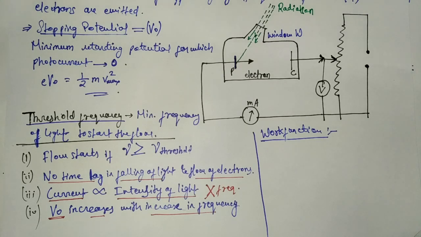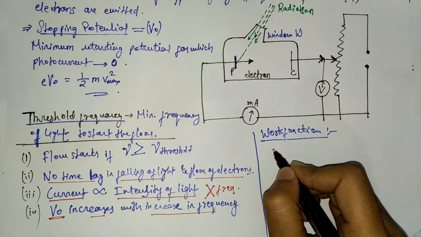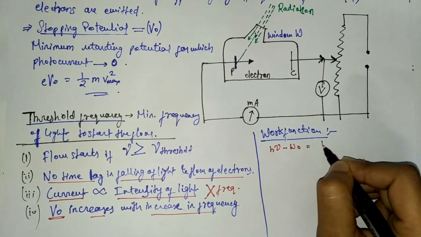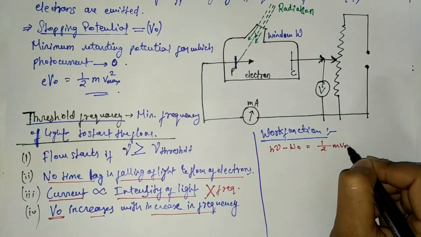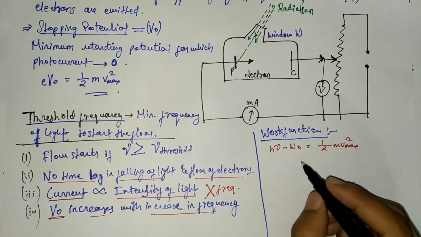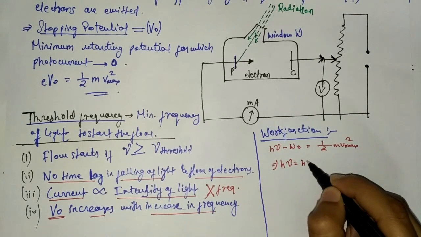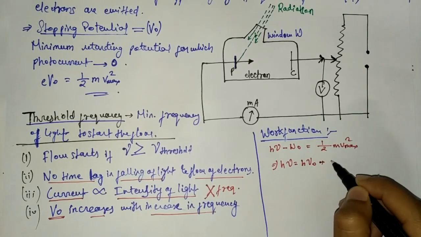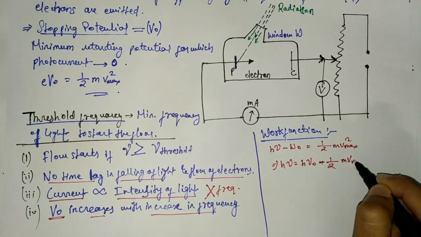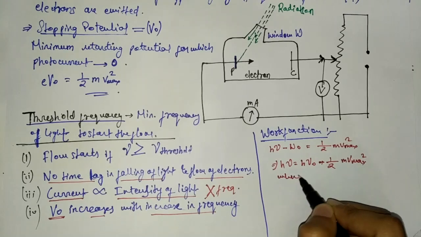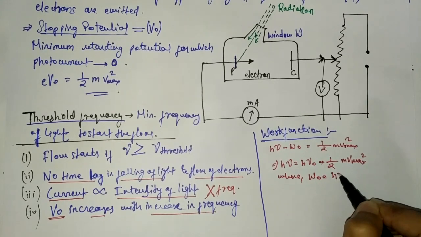And the rest of the energy, that is h nu minus W naught, is absorbed by the outgoing electron of mass m. So we can write the equation as h nu minus W naught is equal to half m v max square, or we can write h nu equal to h nu naught plus half m v max square, where W naught is equal to h nu naught.